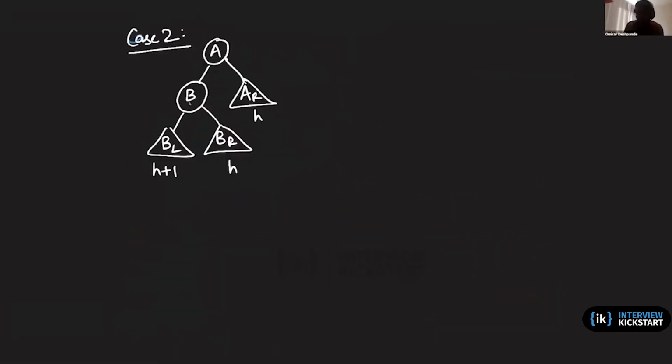Now, if we use our same gut feeling, saying that the heaviest or the tallest path seems to be like this, L followed by L, let's try an LL rotation and see if things work out. So LL rotation will be done like that.